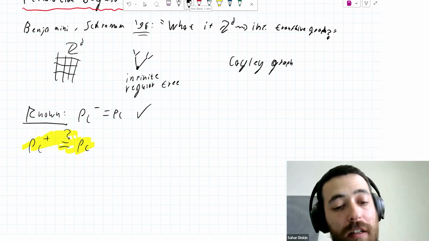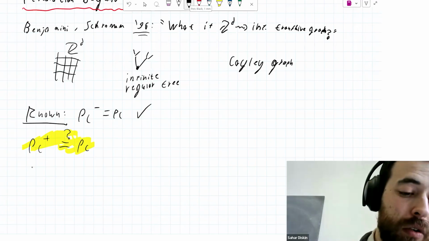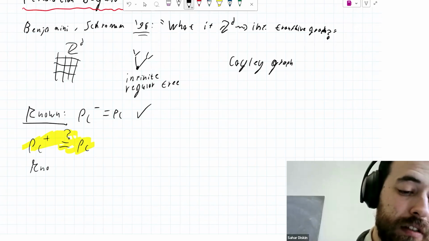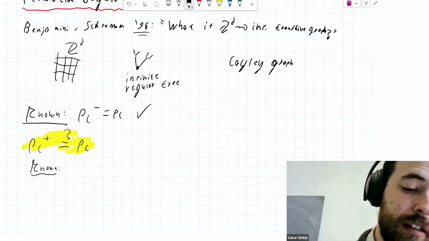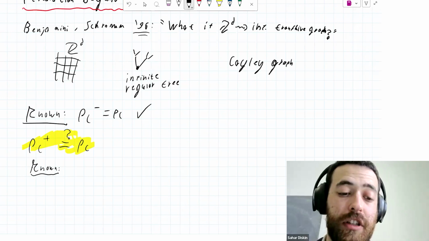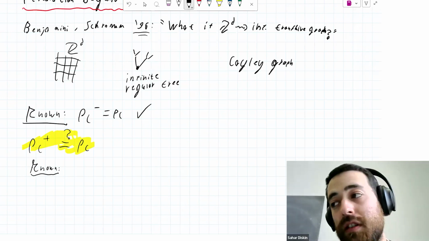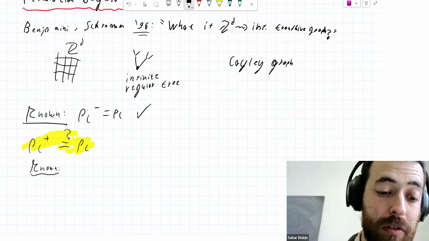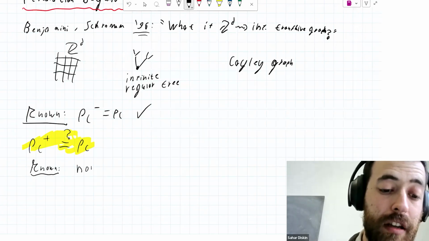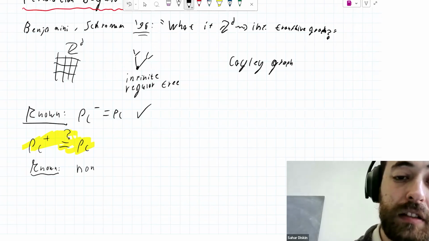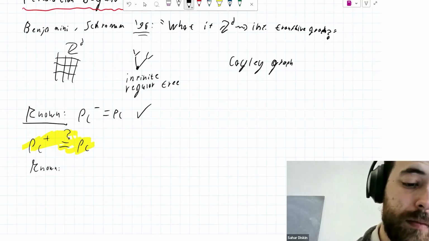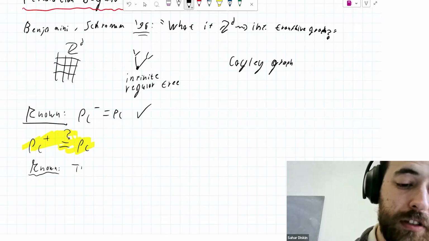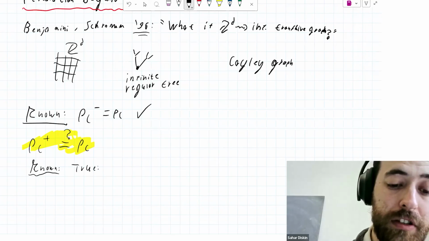And again, what was known at least are some nice non-trivial generalizations of the result for Z^d. So it's true in these two particular cases.